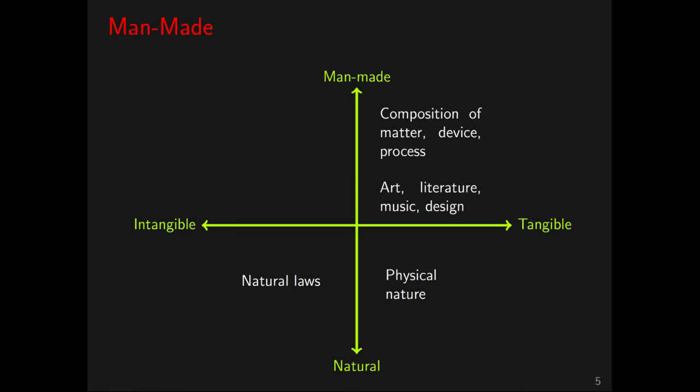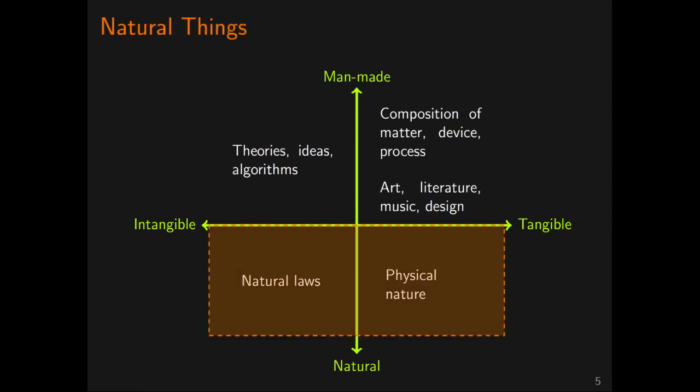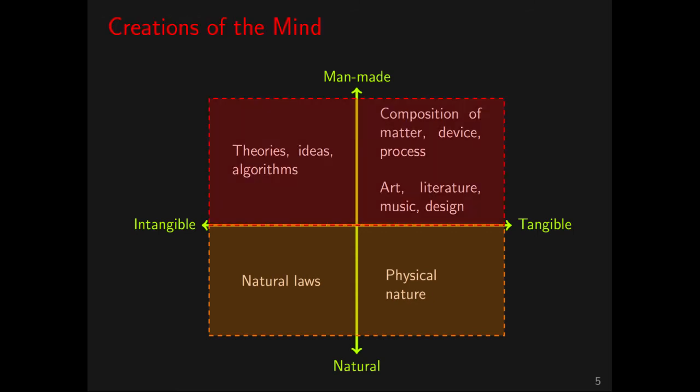These are the arts and literature. Finally, in attempting to understand how our universe works, we have theories and ideas and algorithms, for example. So, in short, we have natural things and creations of the mind, creations of the human mind, to be exact.